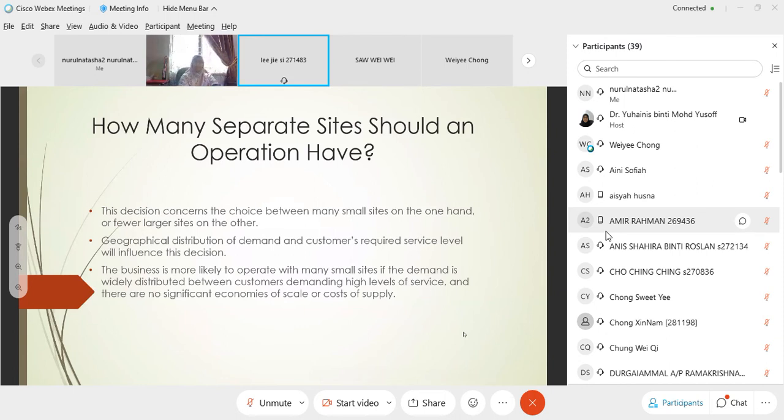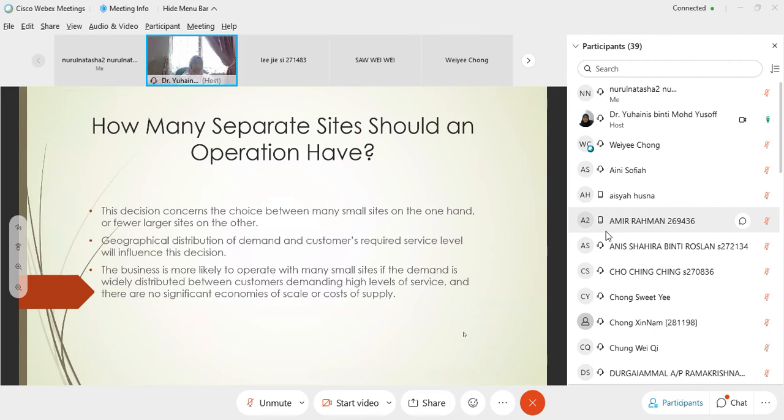So in here, we believe that small sites will be more beneficial. It's because it's more widely distributed between customer demand for a higher service and also no significant economies of scale, which means it's more cost saving if we choose small site and smaller cost of supply.